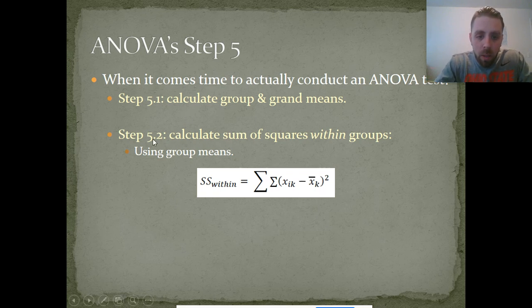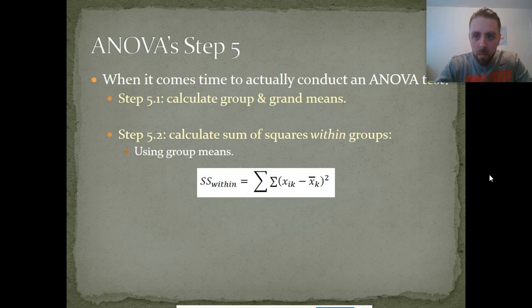If you're wondering what the summation of the summation is referring to, I need to take the summation of all 8 squared differences for manufacturing cities, and then I need to do the same thing for my service sector cities, and then the same thing for my governmental cities. So I'm doing the summation for each of the 3 groups and then a summation of all 3 of those groups.